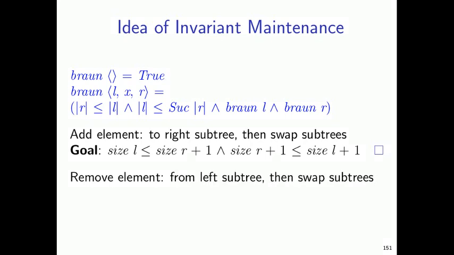So we remove from the left and then swap, and what we get is these two new things. The new right one must be less than or equal to the new left one, and this way round. Here I have minus 1 and plus 1 that cancel out.